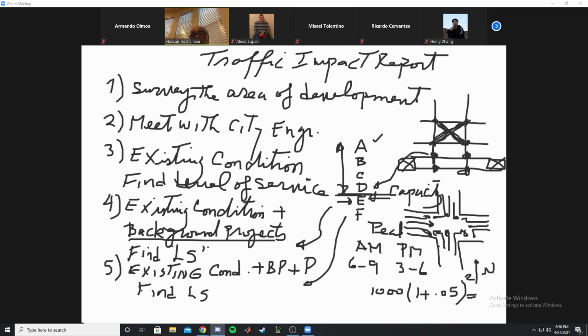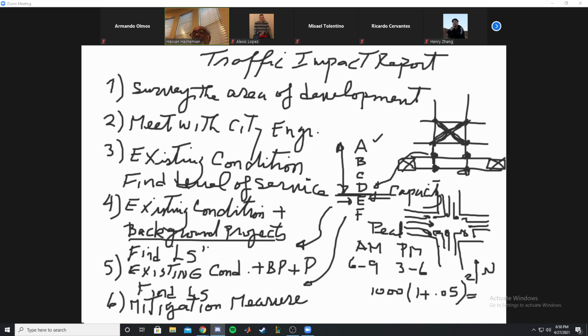Okay, so that's what we are doing. Now you have to do level of service for each of these intersections and find what the level of service is. Anything that's E and F, you have to do mitigation measures. What does mitigation measures mean?